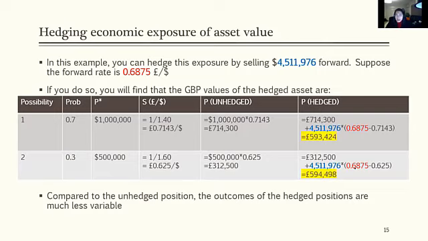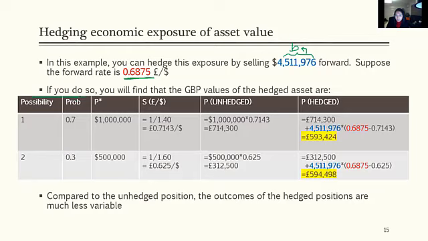In this example, we computed that the beta coefficient is 4.5 something million, and to hedge this exposure we are going to sell $4.5 million forward. For this illustration, I'm going to assume that the forward rate is somewhere around the average, which is 0.6875.